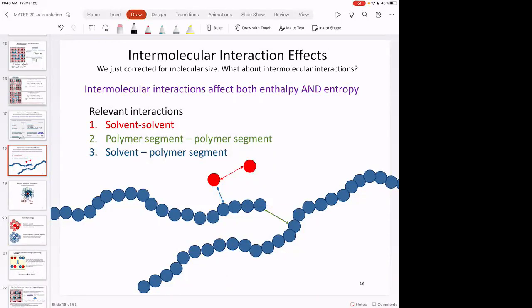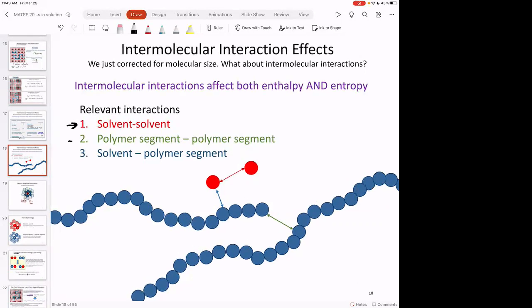So whenever you take two different types of molecules and mix them together, you always have what are called the pairwise or the same, or the peer component interactions. So you still have solvent-solvent interactions and polymer-polymer interactions.